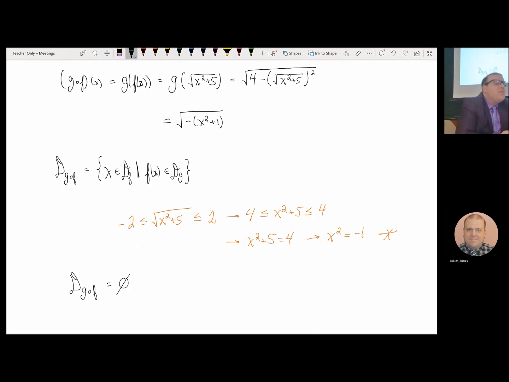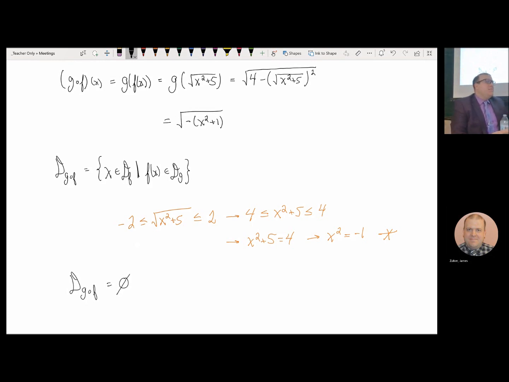That means our domain's empty. Which you can also interpret to mean that this is not actually a function, because it doesn't have a domain.